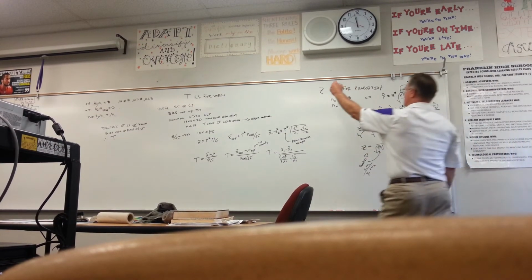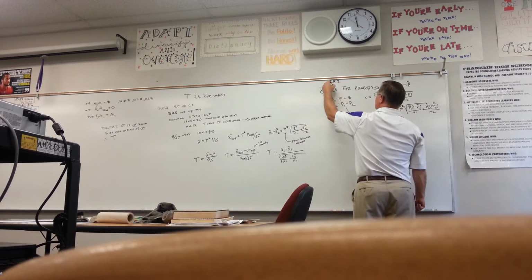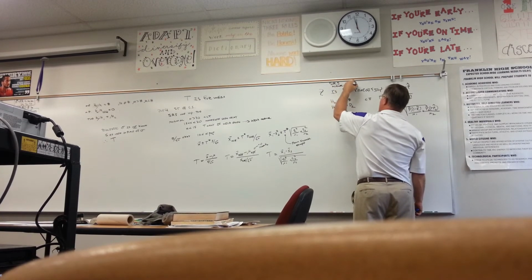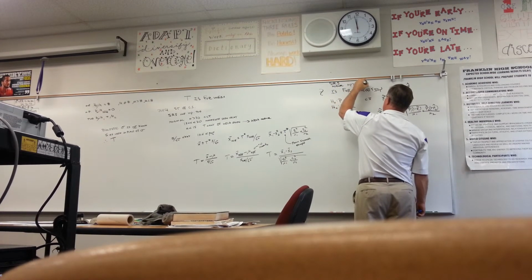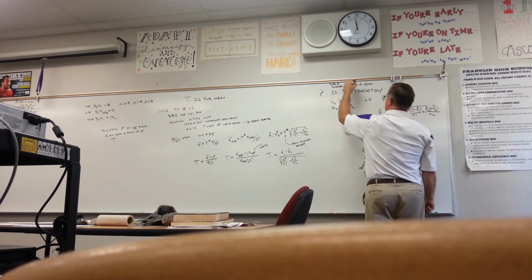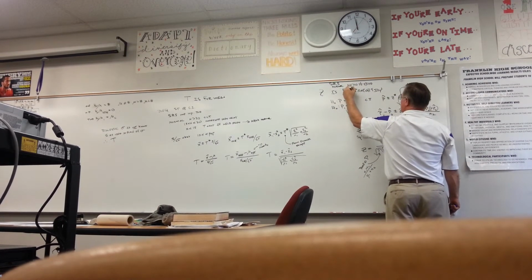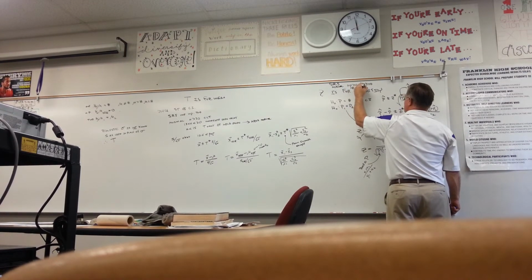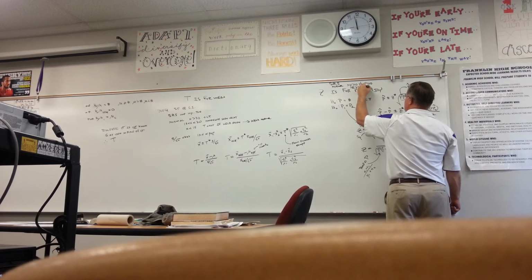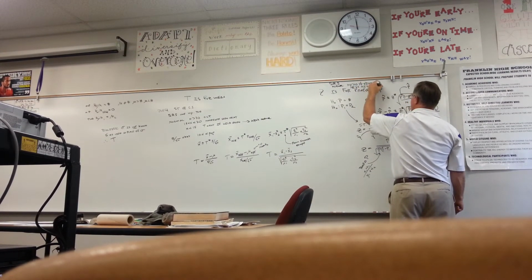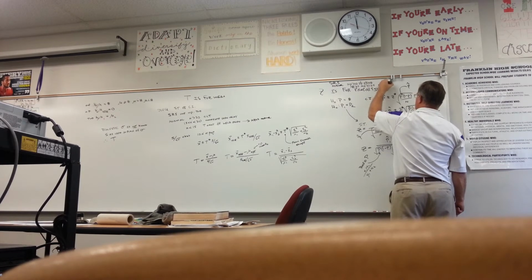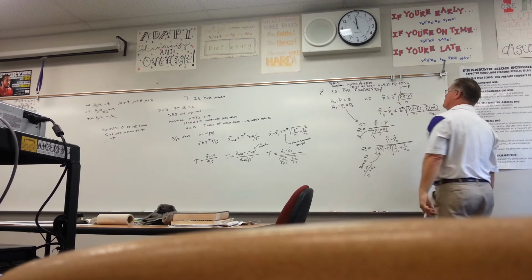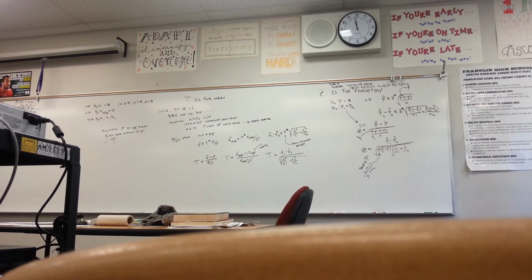For proportions, simple random sample. Normality is found by doing, for a 1-sample, NP greater than 10 and N times 1 minus P greater than 10. If it's a 2-sample test, it would be N1 P1 greater than or equal to 5, N1 times 1 minus P1 greater than or equal to 5, N2 P2 greater than or equal to 5, N2 times 1 minus P2 greater than or equal to 5.